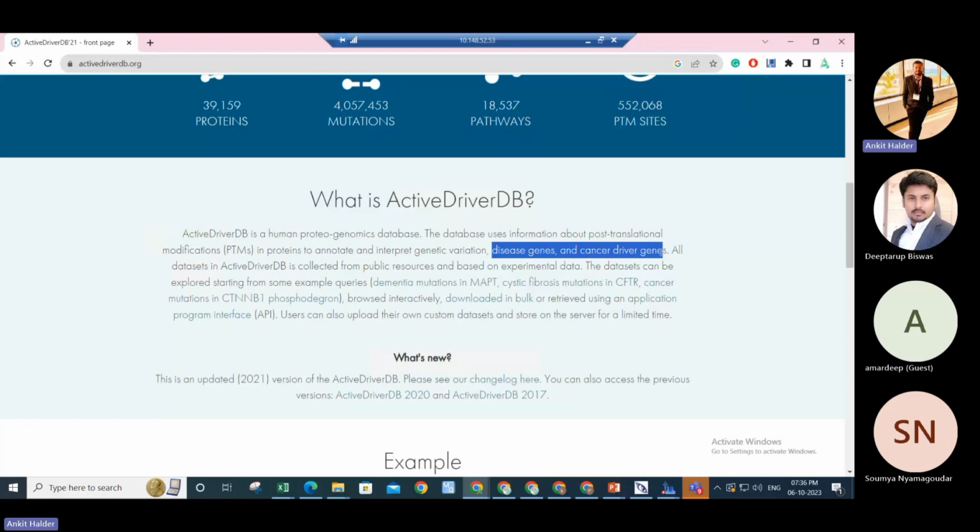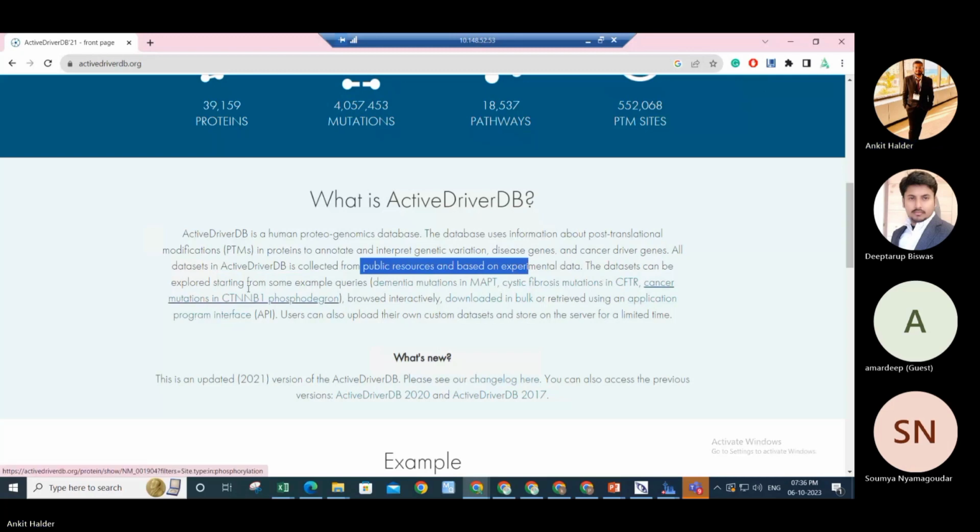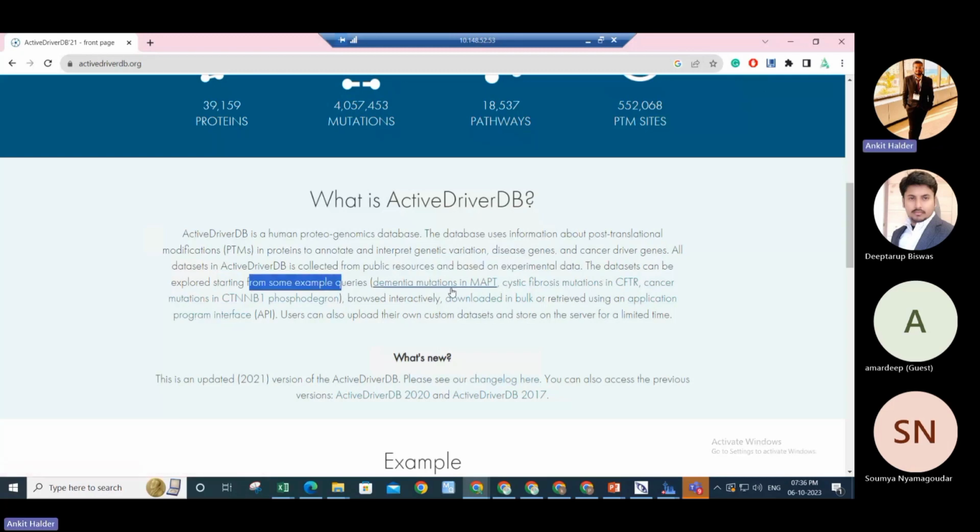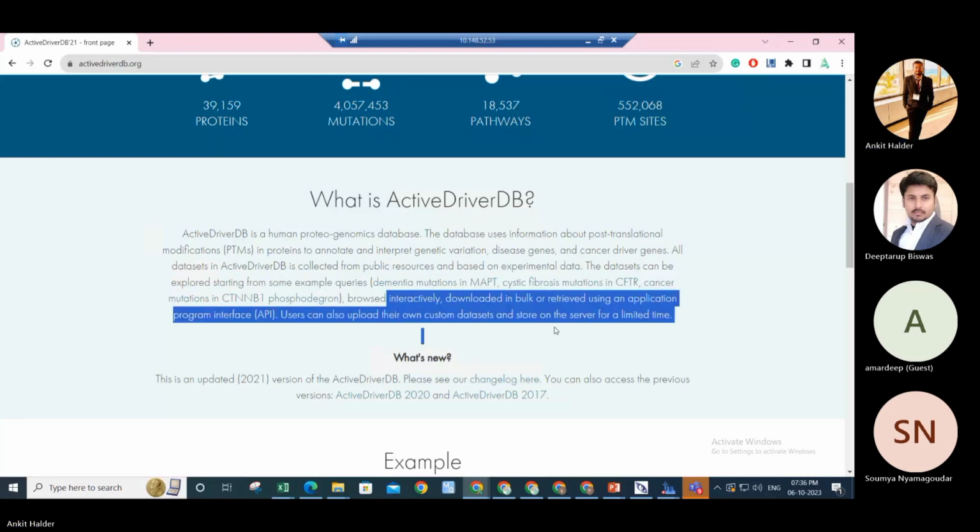This is a classical example of what we can do through proteogenomics approaches, looking at the cause and the effect simultaneously. All datasets in ActiveDriverDB are collected from public resources and based on experimental data. Some examples are dementia, cystic fibrosis mutations and cancer mutations, interactively downloaded in bulk.